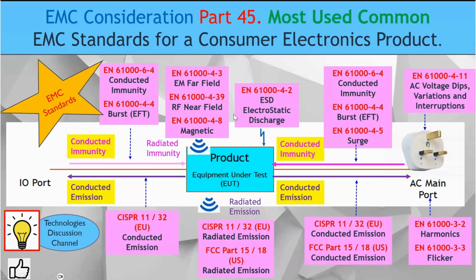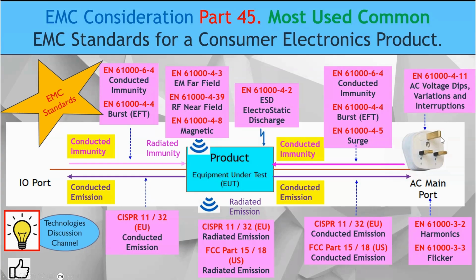I have shown you this slide several times in my EMC consideration discussion. This is your duty. These are the various EMC tests that you need to execute before you can certify that this product passed either the CE or FCC test.